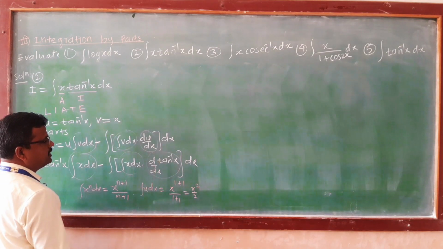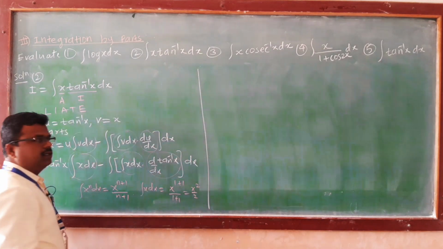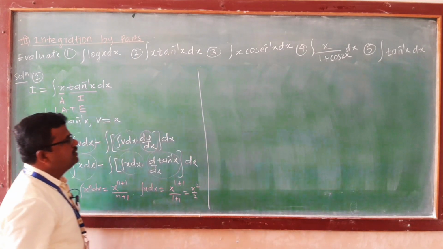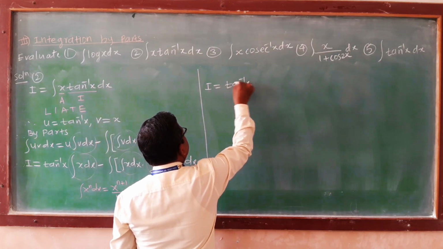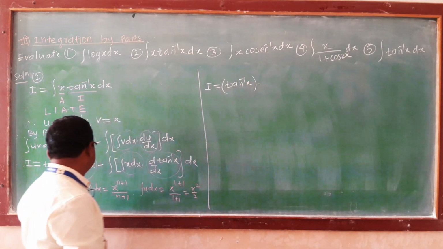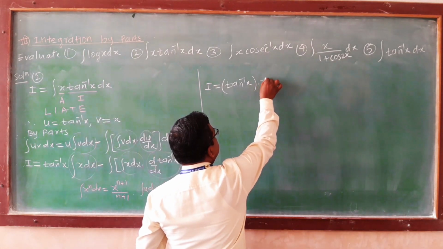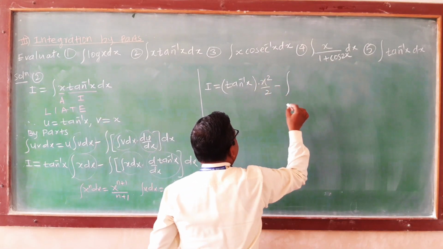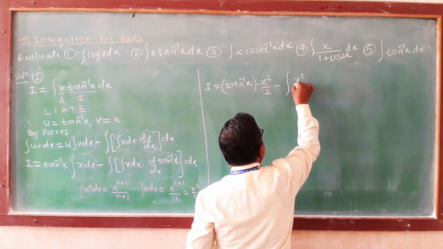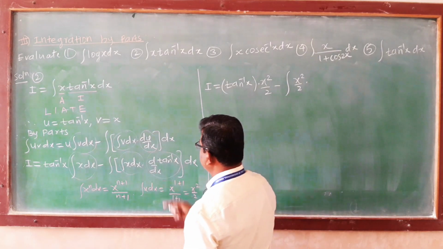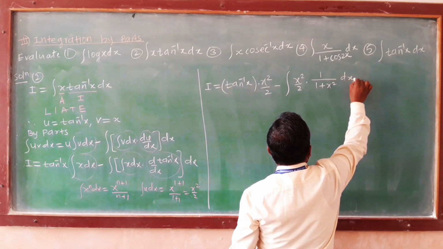And this is tan inverse x. The derivative of tan inverse x is 1 upon 1 plus x square. So, this I is equal to tan inverse x into integration of x, that is x square upon 2, minus integration, again this integration of x, which is x square upon 2, into derivative of tan inverse x, 1 upon 1 plus x square dx.